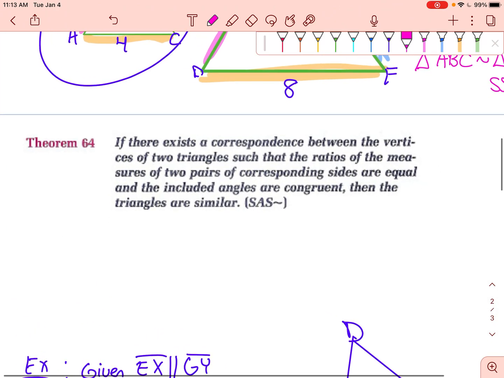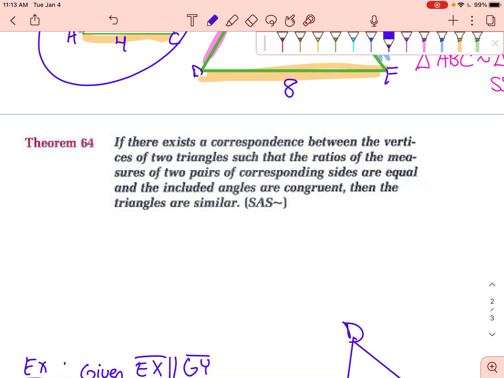And the last way that we're going to talk about is side, angle, side, and it's exactly as it sounds.